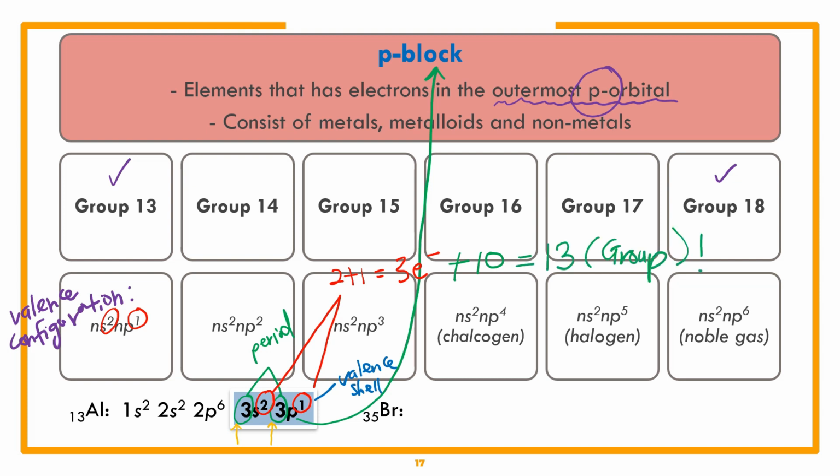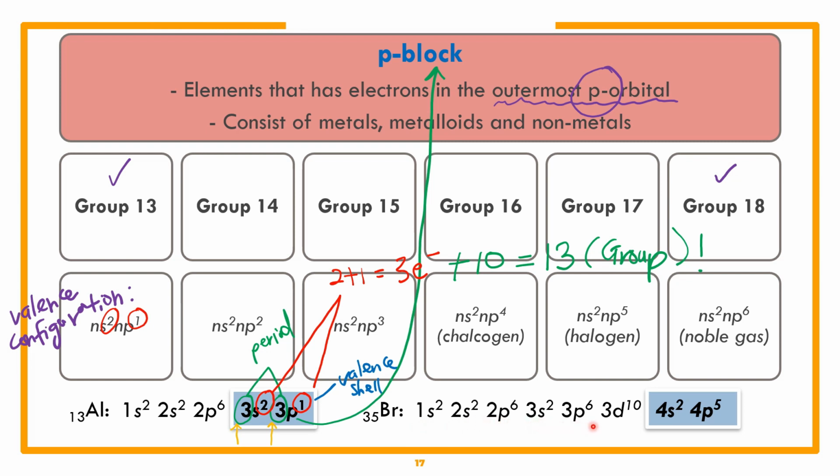Okay, next example is bromine 35. So this will be the electronic configuration for the bromine. And here will be the valence configuration. Again, you have to repeat the same process by looking at this full electronic configuration. Find the highest principal quantum number to determine the valence configuration.